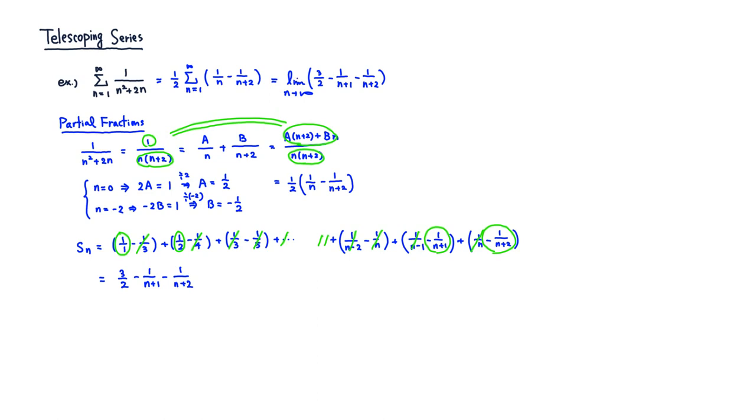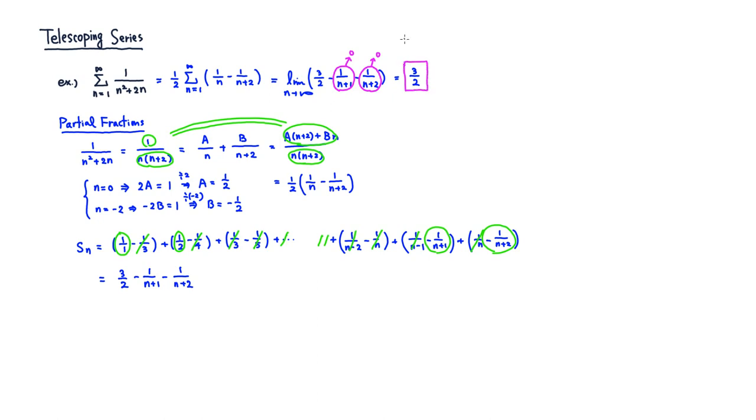You can see that 1 over n plus 1 gets smaller and smaller because the denominator is getting larger and larger. This is going to approach 0, and 1 over n plus 2 is going to approach 0 for the same reason. Then the limit of the partial sum, the only thing left, is 3/2. So 3/2 is the sum of the telescoping series.